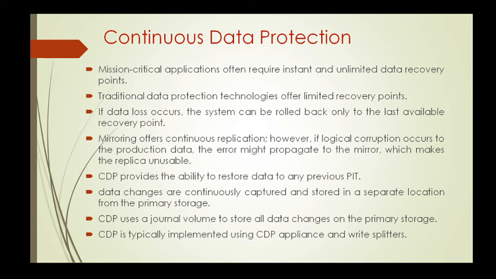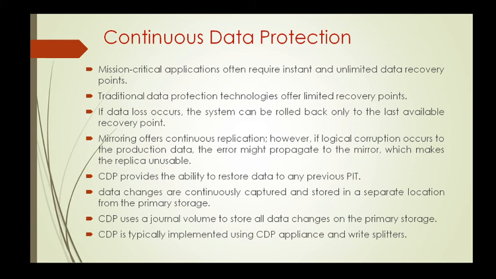In normal operation, CDP provides the ability to restore data to any previous PIT. In normal backup, the data can be recovered only from the last PIT. But CDP provides the ability to restore the data at any point in time. It enables this capability by tracking all the changes to the production devices and maintaining consistent point in time images.